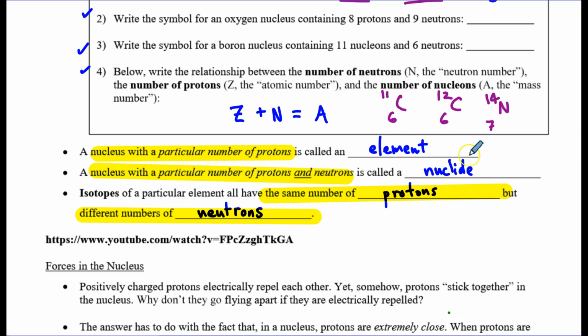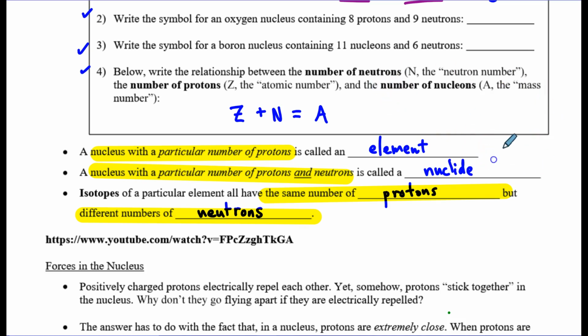These 3 are all different nuclides because every one is a different combination of protons and neutrons. Even if you had something like carbon 14, these are still different nuclides because while they have the same total, they have different numbers of protons and neutrons.